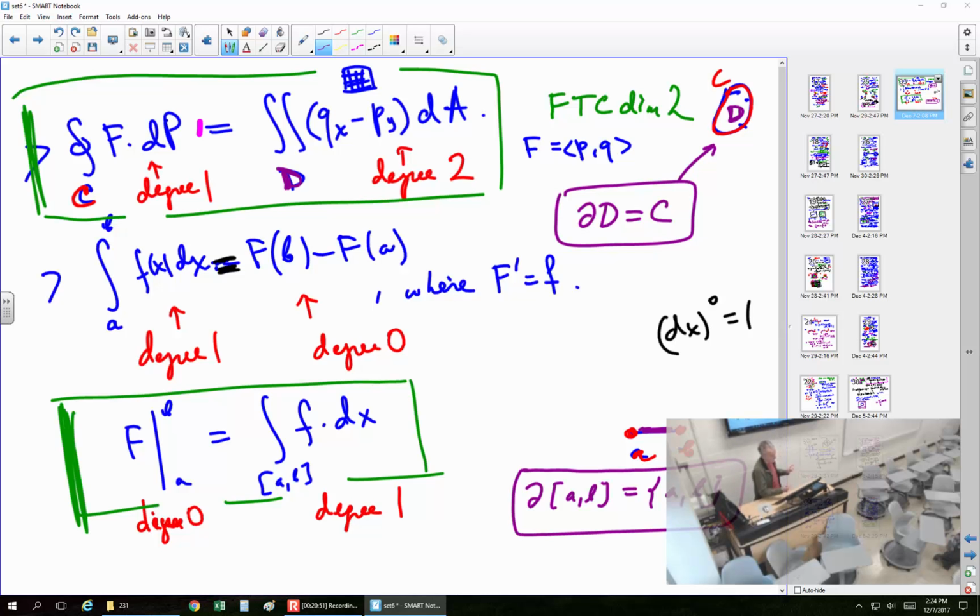If you just look at this one, the relation between F capital and f lowercase is that the derivative of F capital is f lowercase. So that's the relation between the integrands in the original fundamental theorem. It is not so easy to see a similar relation in the new theorem, in Green's theorem.